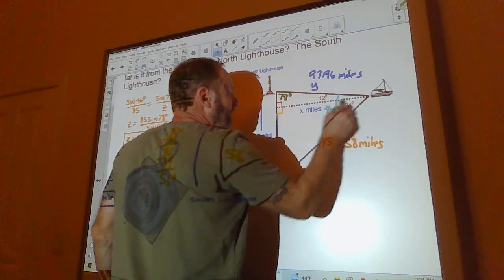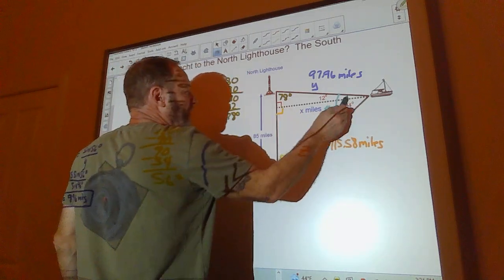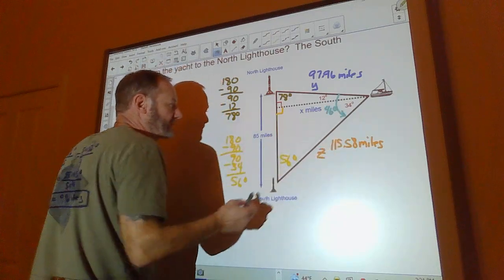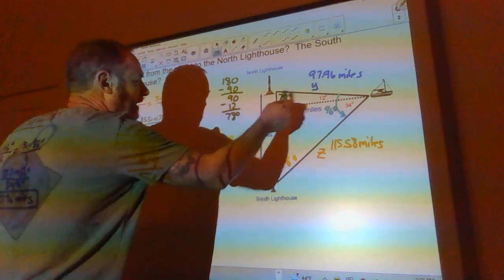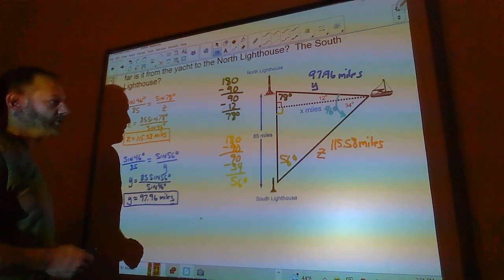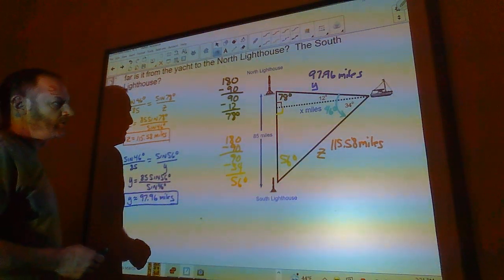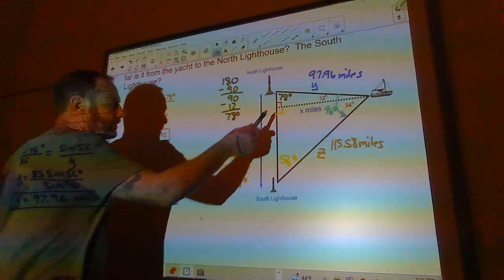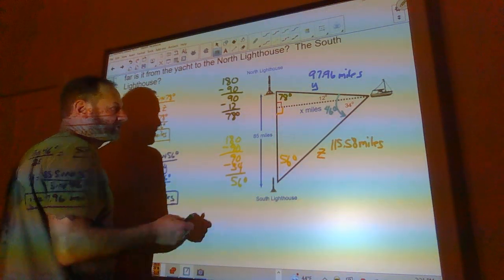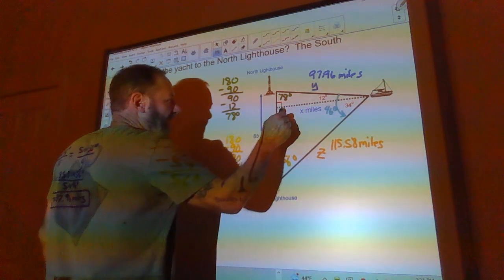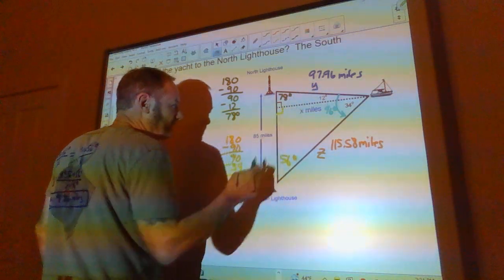This distance right here is part of the small triangle and part of the medium-sized triangle. It is not part of the big triangle. So I can use the small triangle, or I can use the big one or the medium one. It doesn't matter. But I'm going to choose the small one. I've got an angle across from a known side.